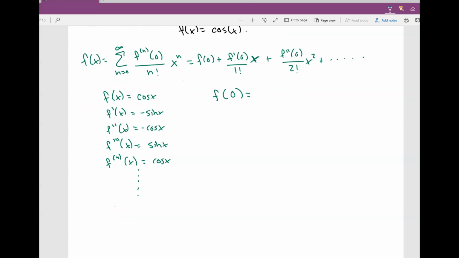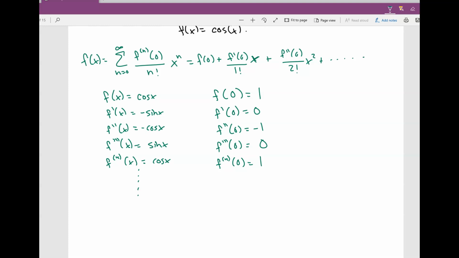Okay, so when I plug in cosine of 0, that's just going to give me 1. I'm going to plug in 0 into the first derivative. That's going to give me 0. Plug in 0 into the second derivative. I'm going to get negative 1. Plug in 0 into the third derivative. I'm going to get 0. Plug in 0 into the fourth derivative, I'm going to get 1. So notice that you start repeating.